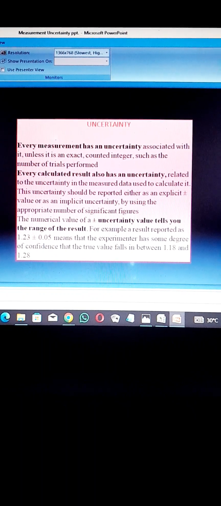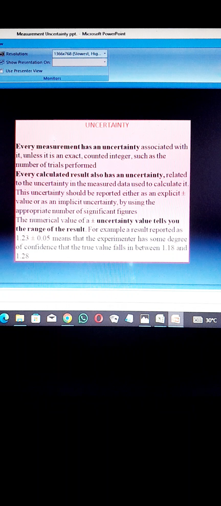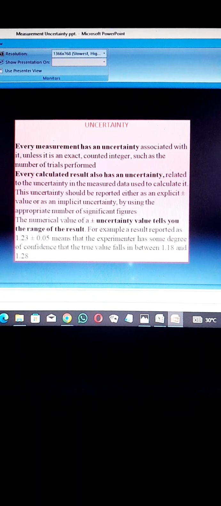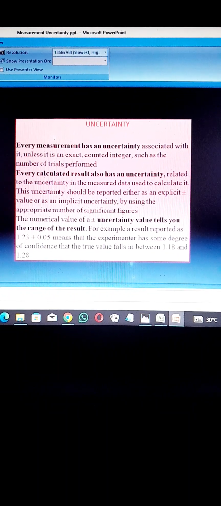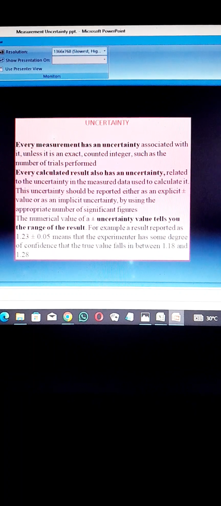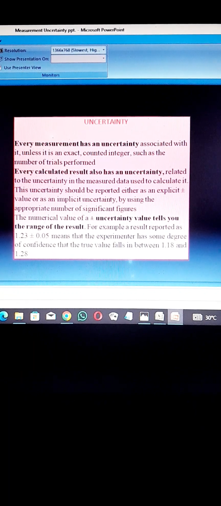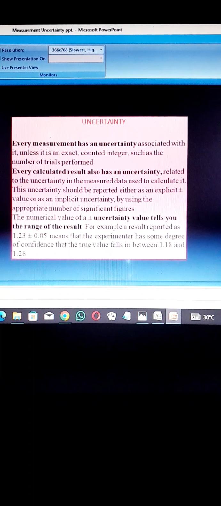Then, coming to what is uncertainty. Every measurement has an uncertainty associated with it, unless it is an exact counted integer, such as the number of trials performed. Every calculated result also has uncertainty, related to the uncertainty in the measured data used to calculate it.